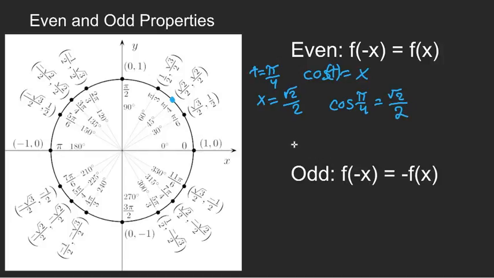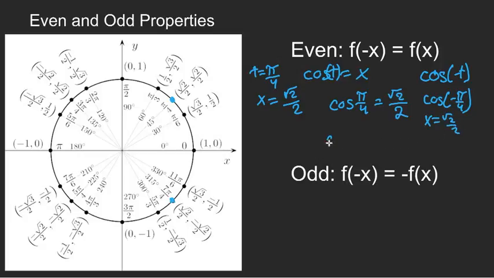Now, let's look at cosine of negative t, or cosine of negative pi over 4. So let's find t equals negative pi over 4, which is right here. And we can see that the x value is also root 2 over 2.